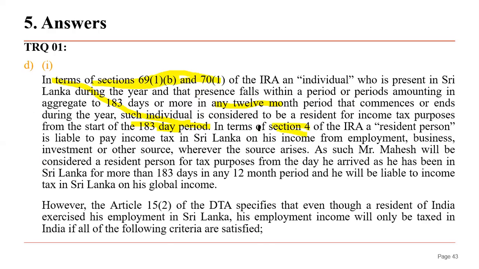In the case of a resident person, he is liable to pay tax on world income, income wherever arising or paid. As such, Mahesh will be considered a resident person.